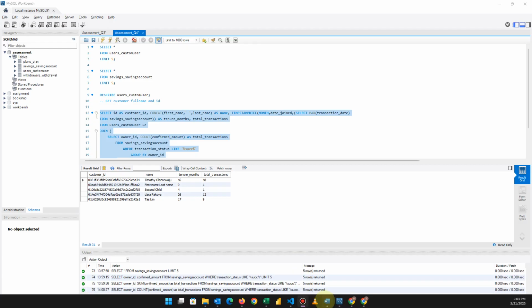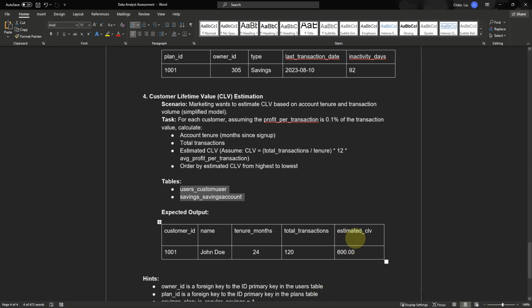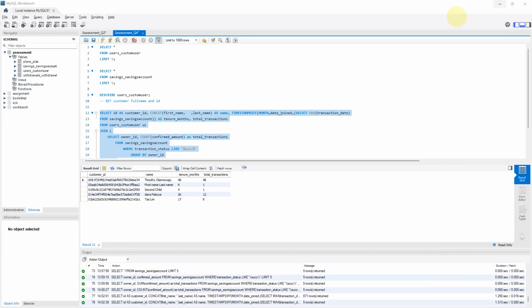So what else? We will then do the estimated CLV, which they gave us a formula for. They said the profit per transaction is this. So we have to do a transaction value calculation by multiplying whatever total transaction they did to get this profit value.